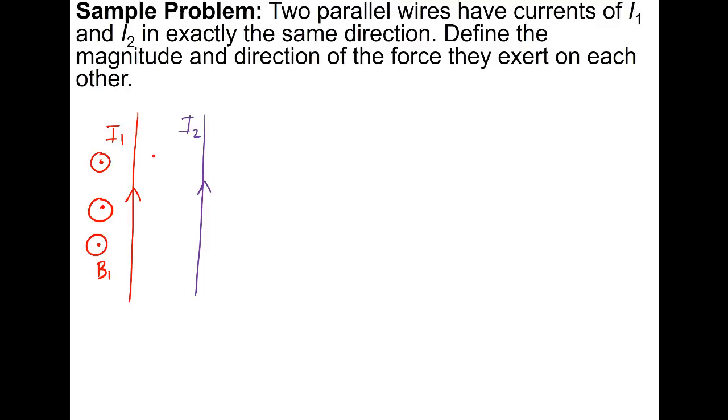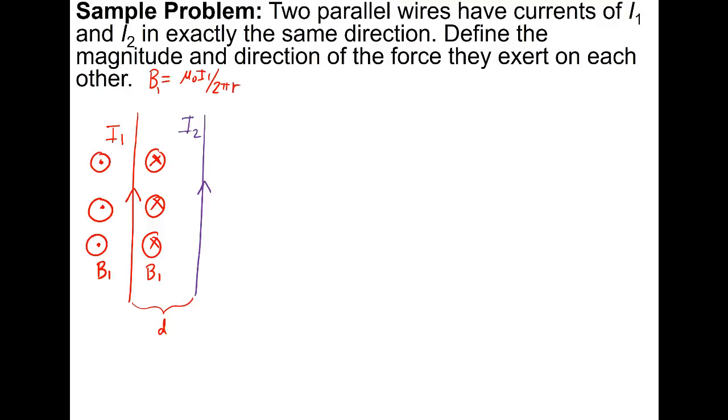And on the right side, it would be going into the page. That's also B1. And remember that the value of this field is mu naught I1 over 2 pi d, where d is the distance between these two wires. Or actually, it would be r in general, but it's d between the two wires.